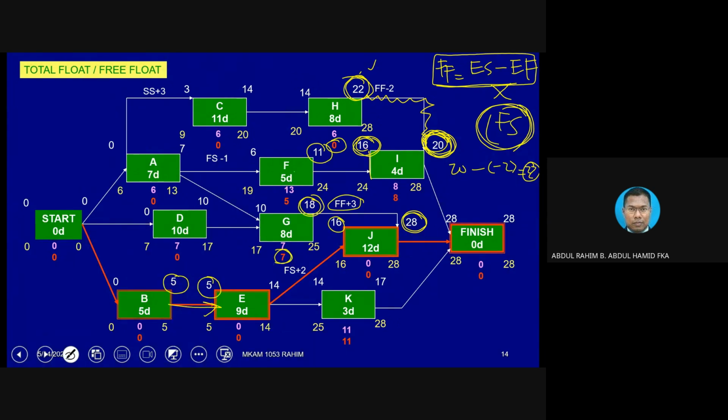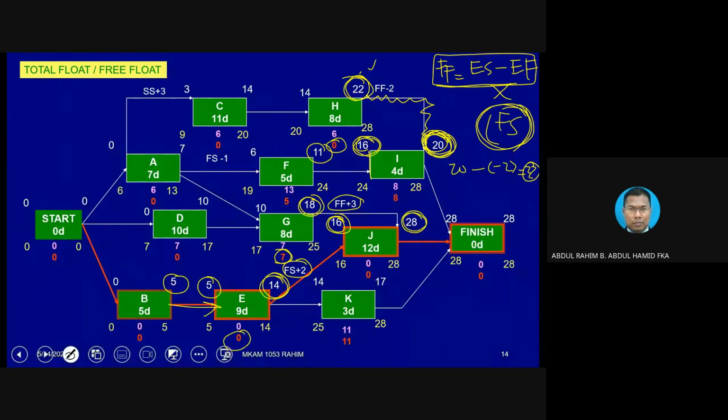Now, E and J. Free float, of course, we know already. But if we want to calculate, you notice there are these values, 16 and 14. If we deduct 14 from 16, we get 2. Why is the free float basically 0? Well, we missed this thing. We need to take into account the lag or lead.